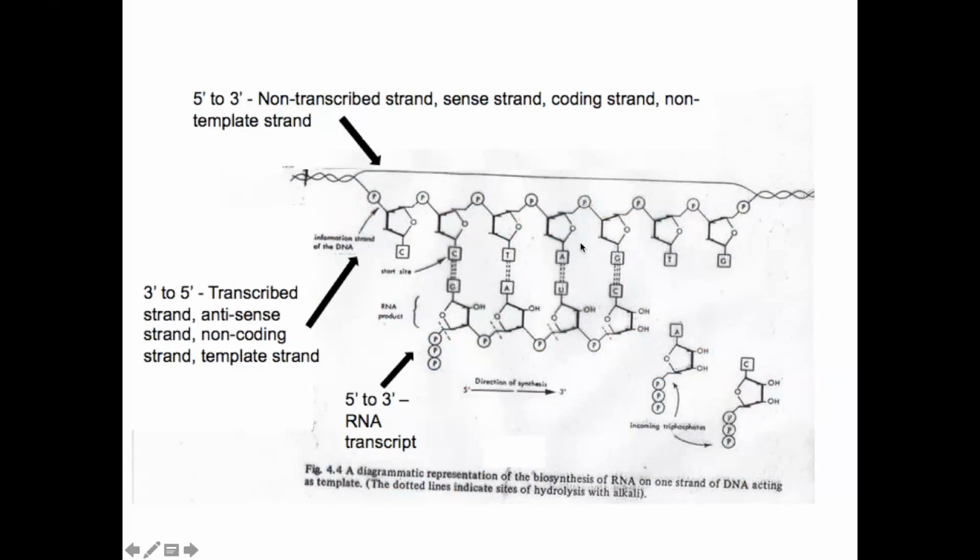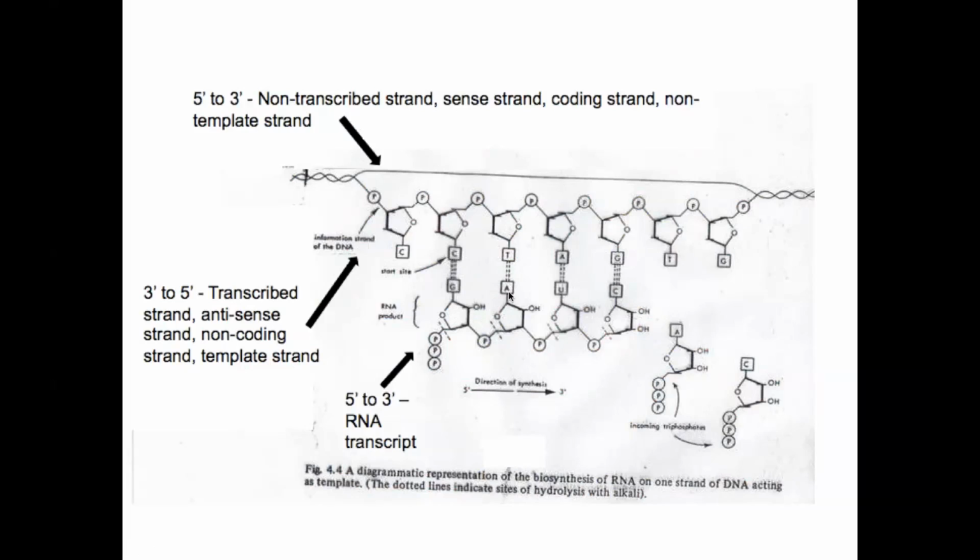In this case, the very first nucleotide that's being incorporated into the RNA molecule contains G, because the complementary base in the template strand of DNA is C. The second one that's incorporated: it reads T in the DNA template, so it incorporates a ribonucleotide with adenine.